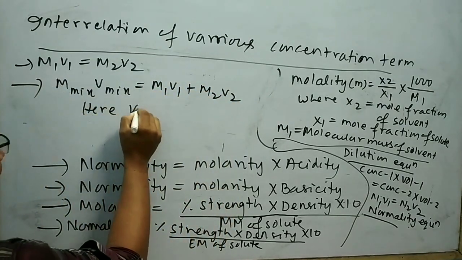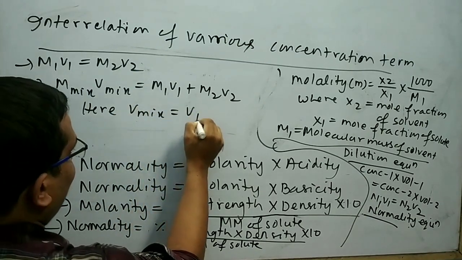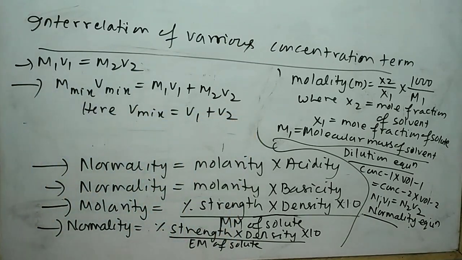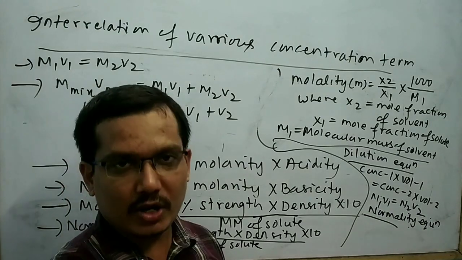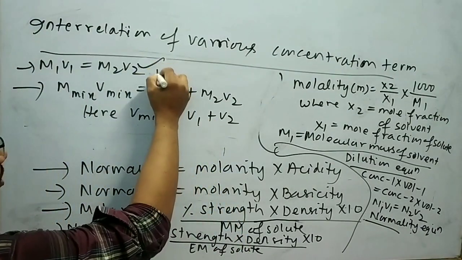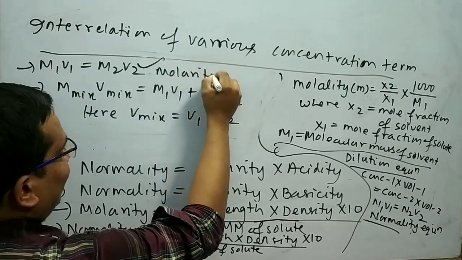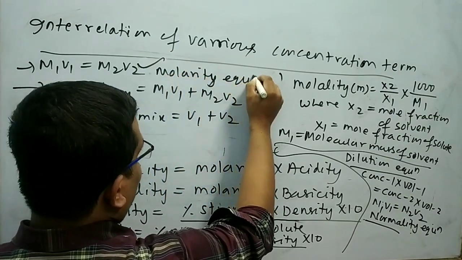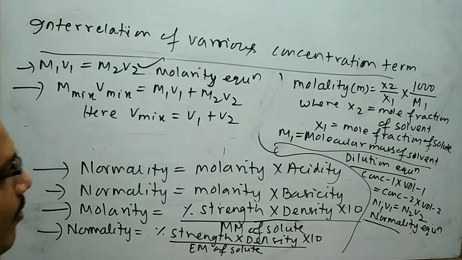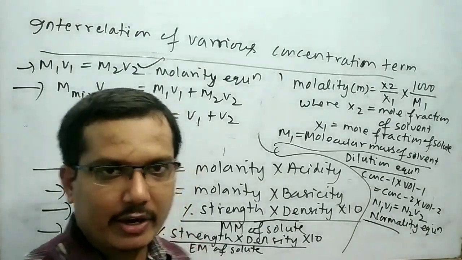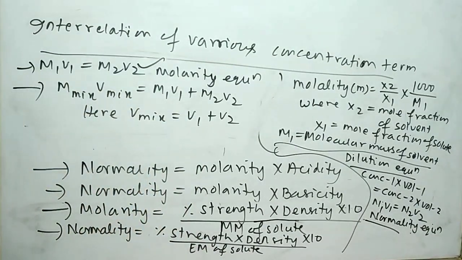Here V mix equal to V1 plus V2. Remember, here M mix not equal to M1 plus M2. This is called molarity equation. You must remember all the formulas, otherwise you cannot solve the problems.